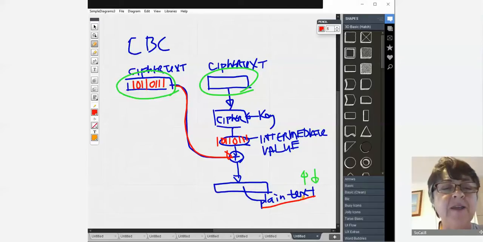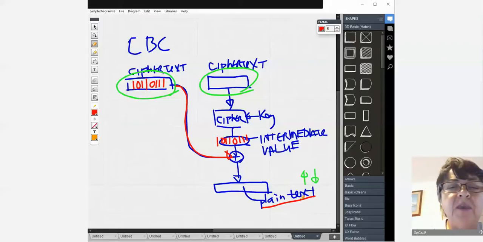What happens if I XOR something that is the same? All zeros, exactly. And if I miss by 1, I won't get all zeros. I'll get a 1 somewhere, right? So if somebody can tell you, hey, you got all zeros, or you didn't get all zeros, that tells me whether I guessed this thing right or not, doesn't it? Exactly.